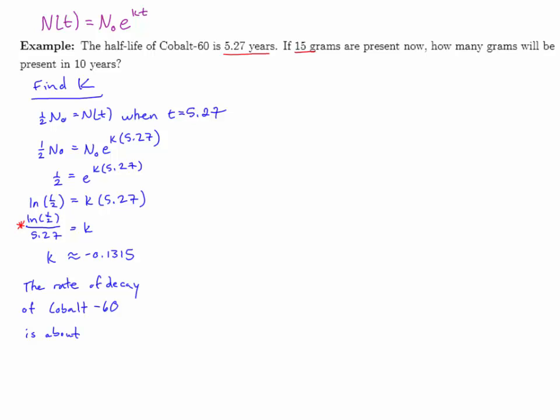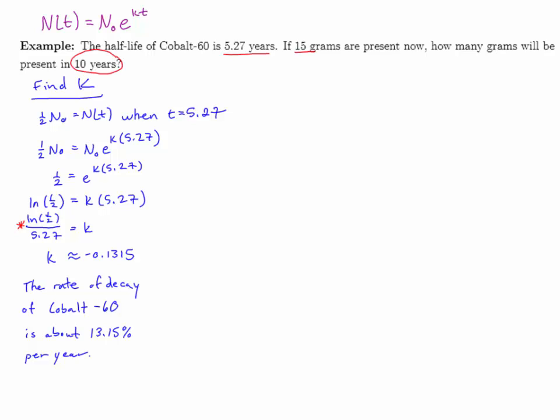So the rate of decay of cobalt-60 is about 13.15%, and that needs a unit attached, which in this case is per year, coming from the fact that we used a year value for t. So our t in this case has to be in years.